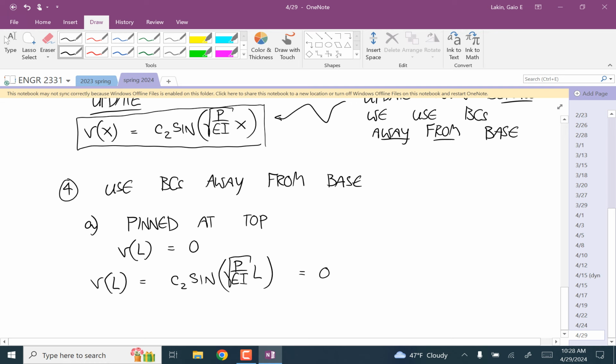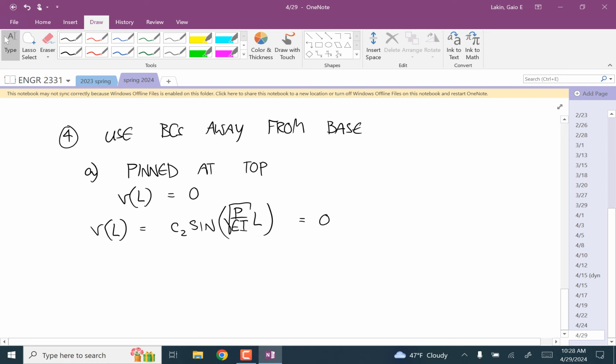Well, now we don't want to set C2 equals 0. That's one solution, but it's trivial. So we're looking for non-trivial solutions. And the non-trivial solutions are where sine is equal to 0. So what values of the arguments make sine equal to 0?